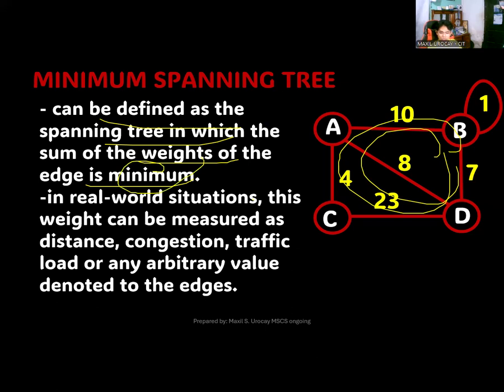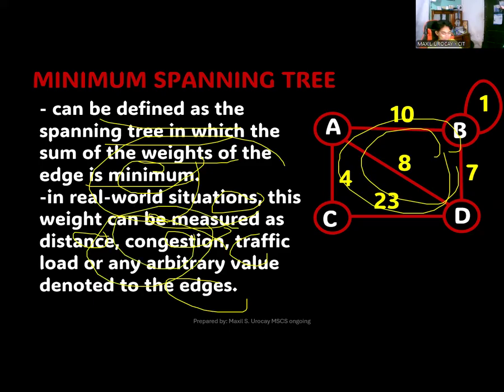In real world situations, we can apply that. This weight can be measured as the distance, congestion, traffic load, or any arbitrary value which is denoted on the edges. By the way, in the minimum spanning tree, there are a lot of applications that you can use. That is really useful in such manner.